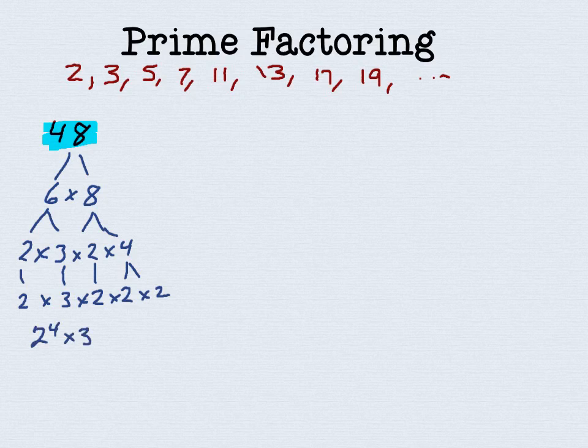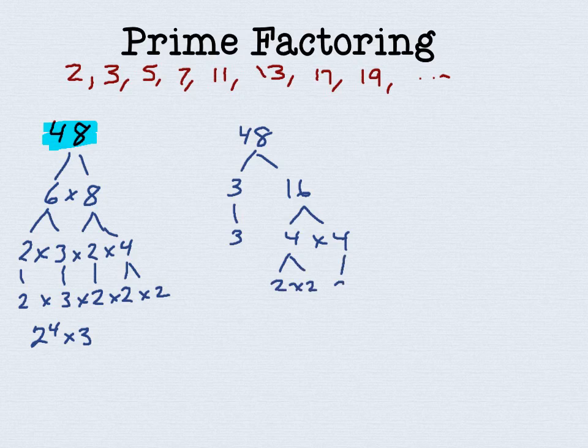If I took 48 and decided to break it down in a different way, starting, let's just say, with 3 and 16, 2 other factors of 48, the 3 is already done, but 16 is not, of course. Say you did 16 into 4 and 4. Well, that can be broken down again. 4 goes down to 2 and 2.